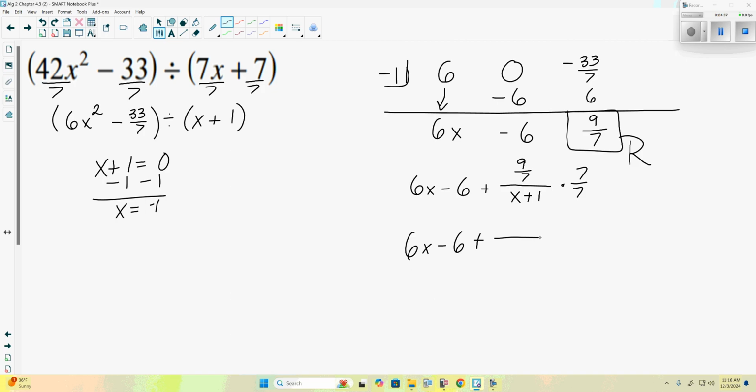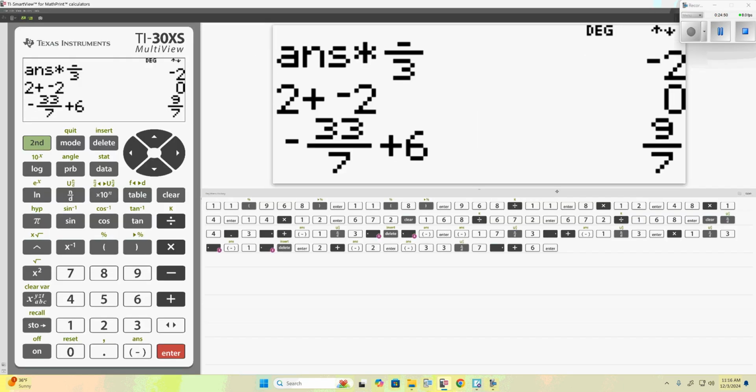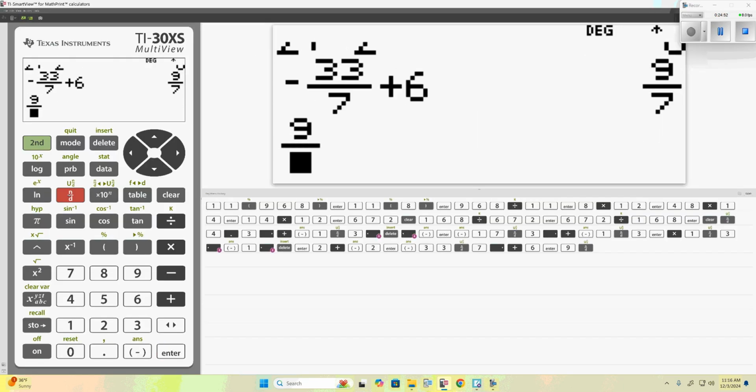So it's really fixing this fraction to make it not be a fraction in a fraction. Because 9/7 times 7 is 9.